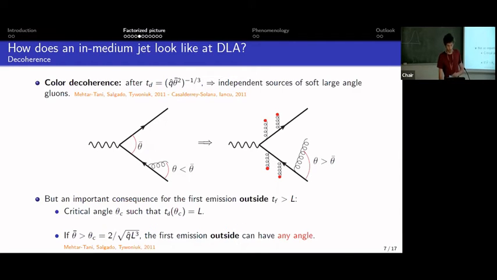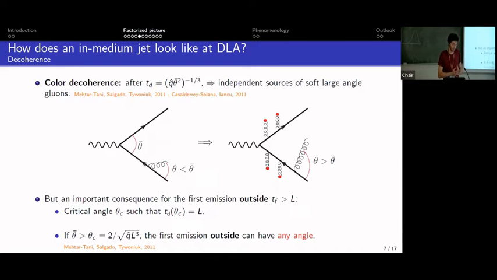All right, so this was for the emissions inside the medium, in the red region of the phase space. Of course, we also know that for very small antennas, you expect the medium not to be able to resolve the antenna.